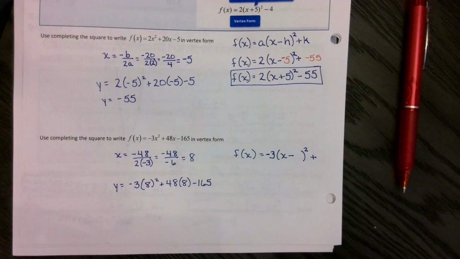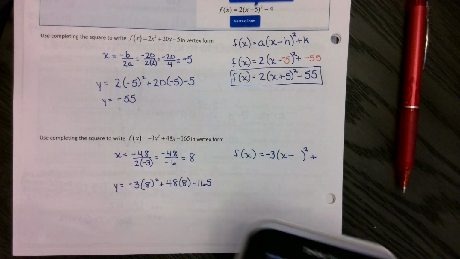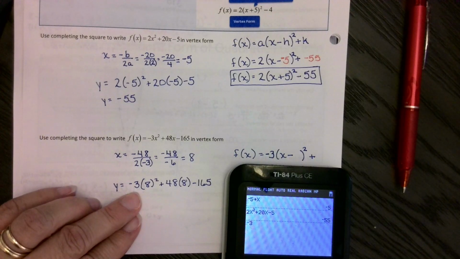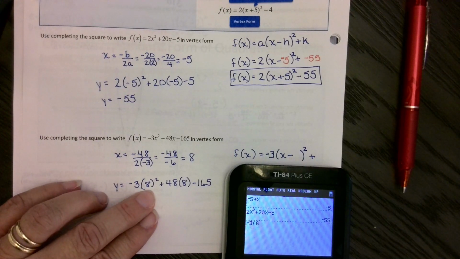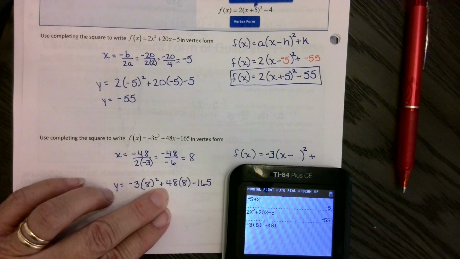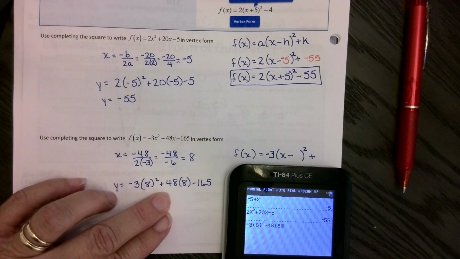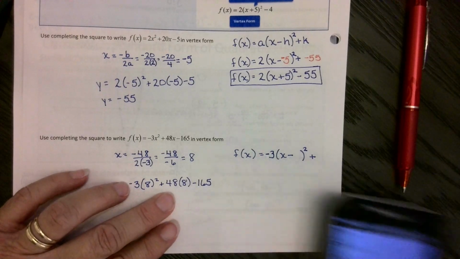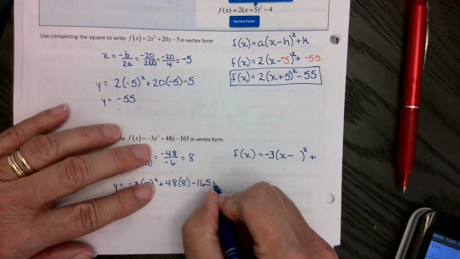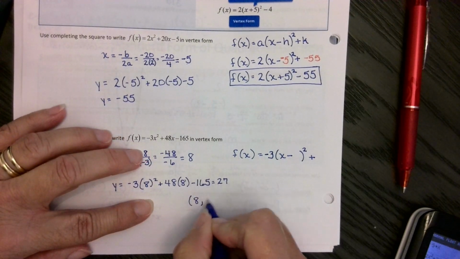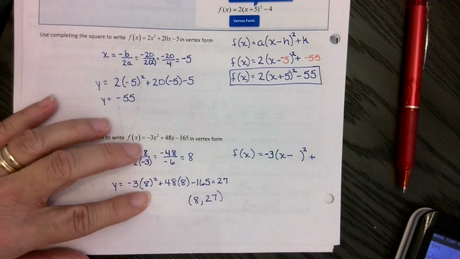Okay, so I don't know why I'm doing it this way, but oh well, I've already started. Plus 48 times 8 minus 165, and I get 27. Okay, so this is my vertex of 8, 27.